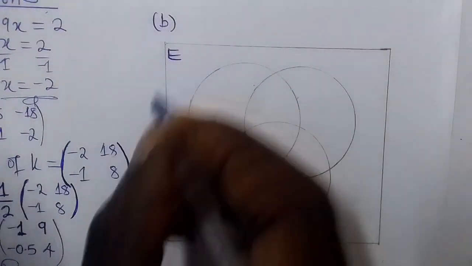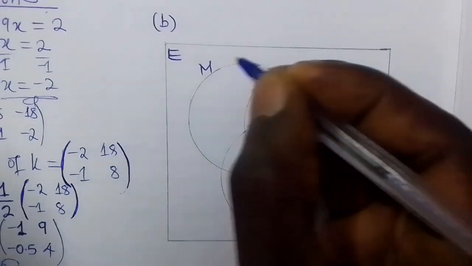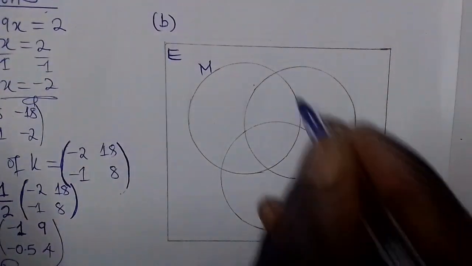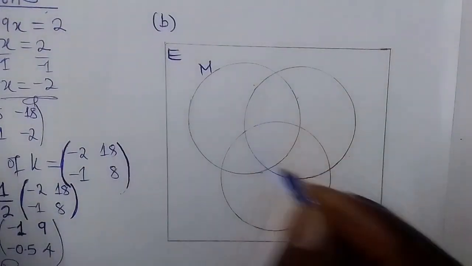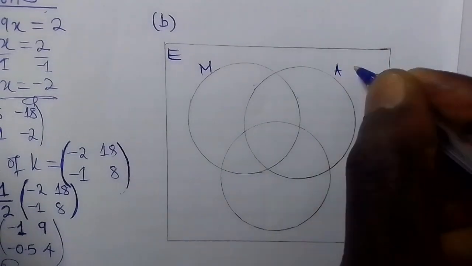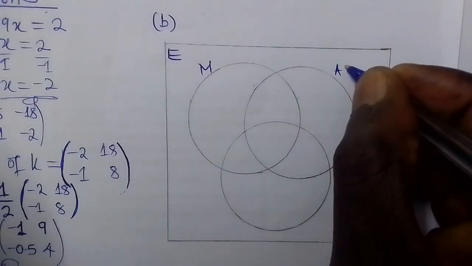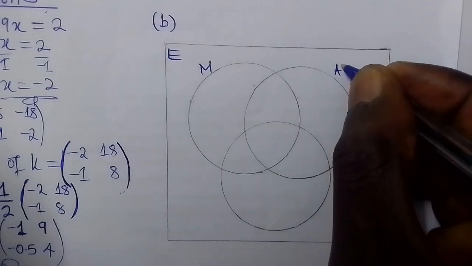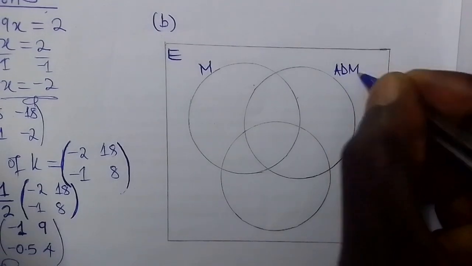For the first set, we put capital M, which represents mathematics. Then this circle represents the teachers who taught additional mathematics, which I'm denoting as ADM A.